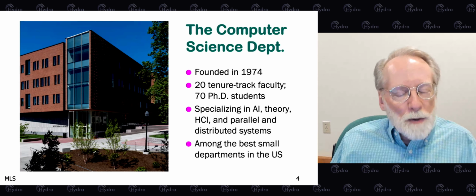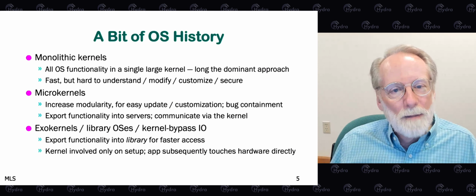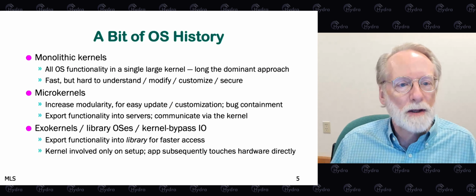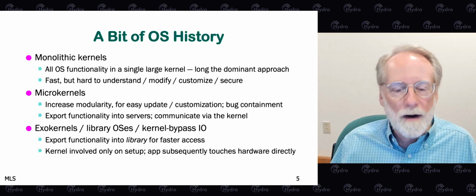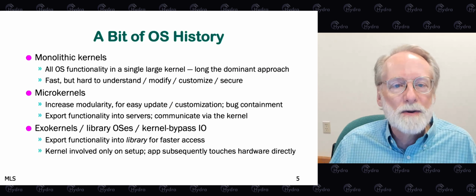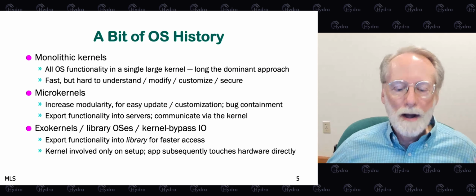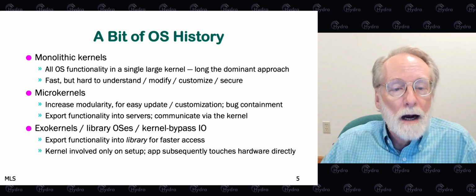To put the work we're talking about today in context, I want to talk just a little bit about operating systems history. So most of us are most familiar with monolithic operating system kernels, where all of the functionality needed to manage resources and enforce policy across applications is in one large address space that you enter with a system call.